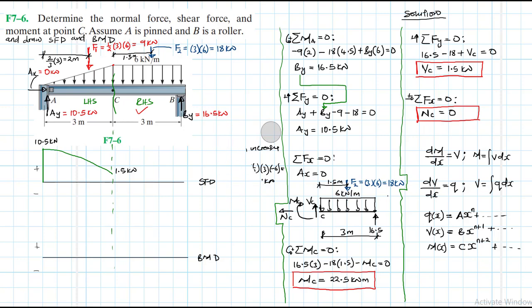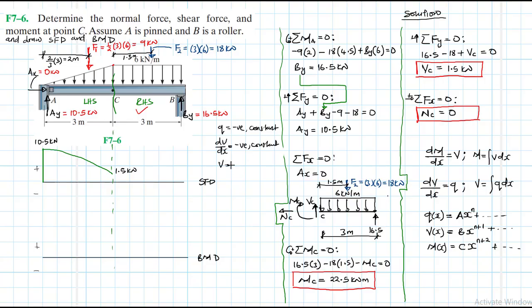And then from C to D, our load is negative and it is constant. You expect the slope for shear to also be negative and constant.